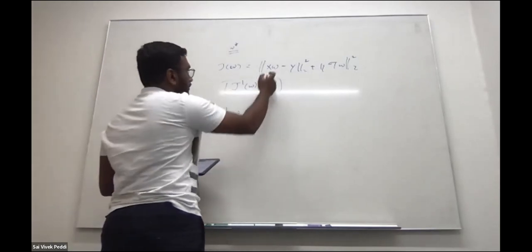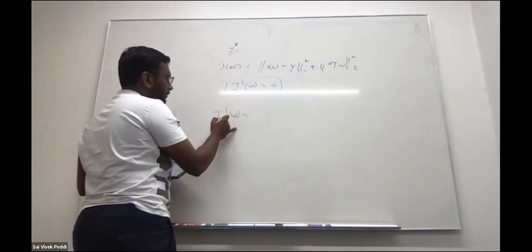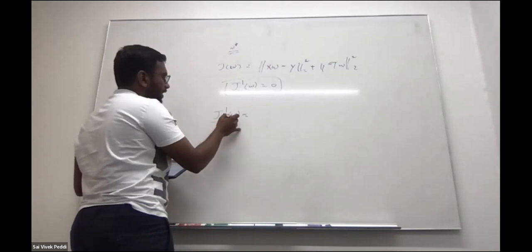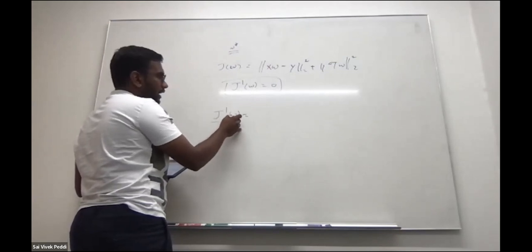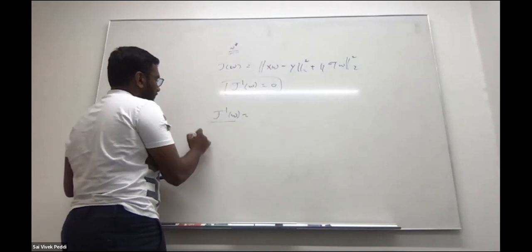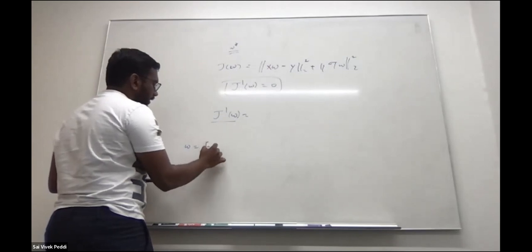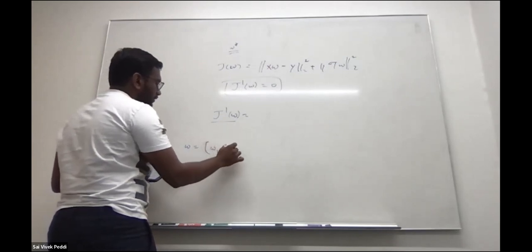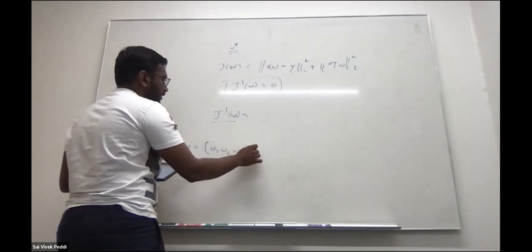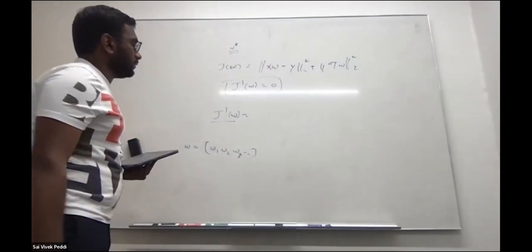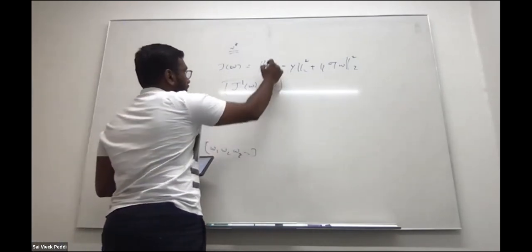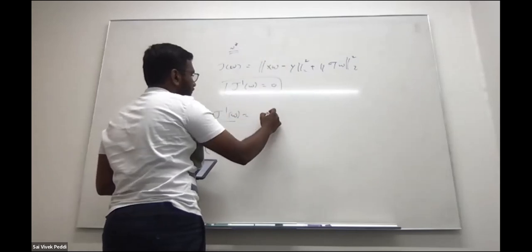J dash of w means you are differentiating with respect to w, and w is a parameter. W is a vector of weights, something like w1, w2, w3. So it's a vector. It's not a scalar. So here x will be a coefficient.